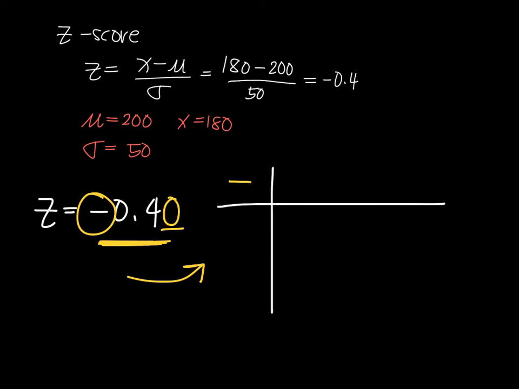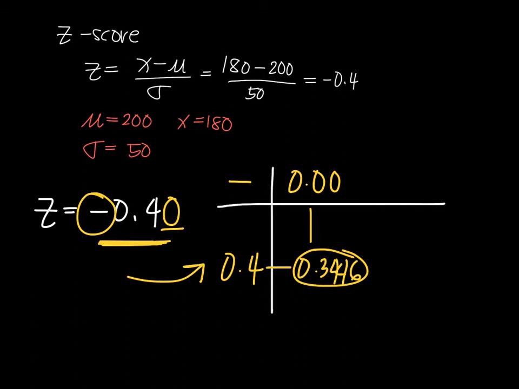So on the first row, you have to locate the 0.00. Then identify the corresponding decimal value which is the intersection of these two numbers. So 0.4 on the row and 0.00 in the column.